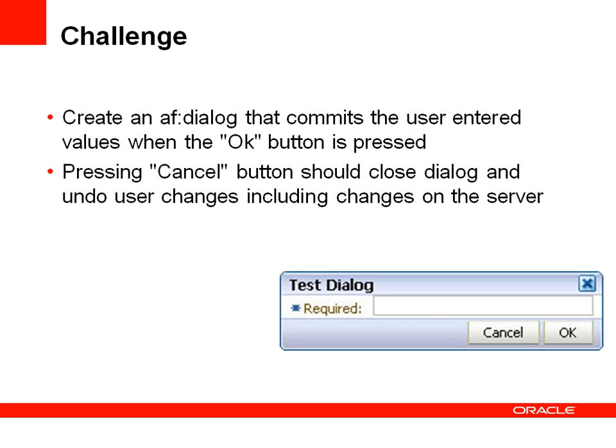Some data entry happened in the dialog, so you want to commit the change. But if you click cancel, then you want to undo everything that has been done before and what the user has typed into the dialog. Since this is on the client side, you have to find a way to move the event from the client to the server. So let's have a look.